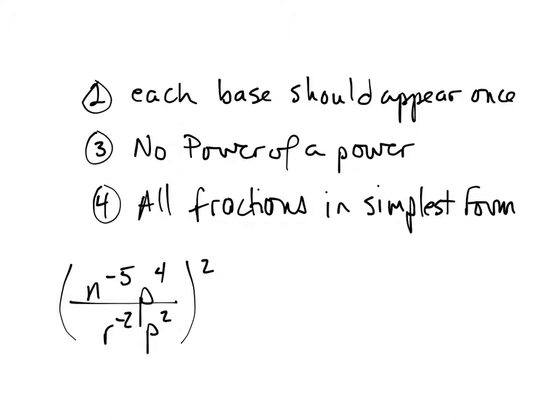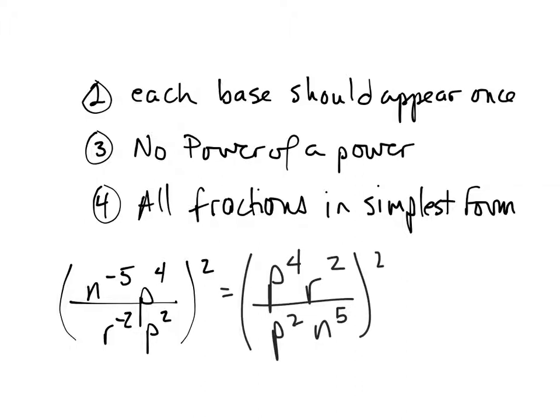We can start with moving any of my negative exponents. And so I've got p to the fourth on top and an r squared. On the bottom, we have a p squared and an n to the fifth. And then the whole thing is still being raised to the second power.